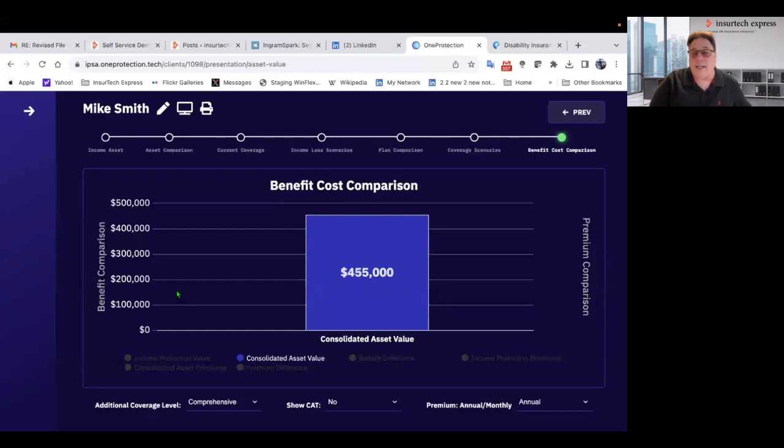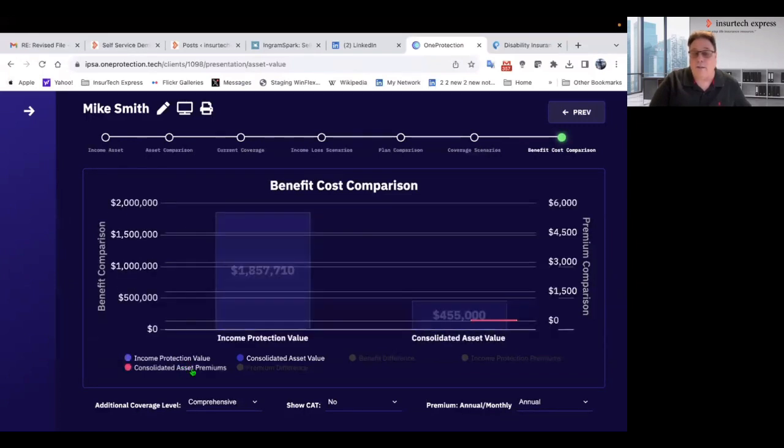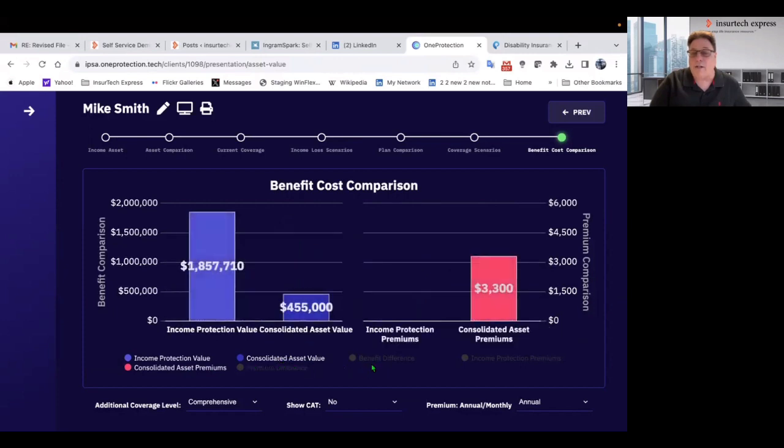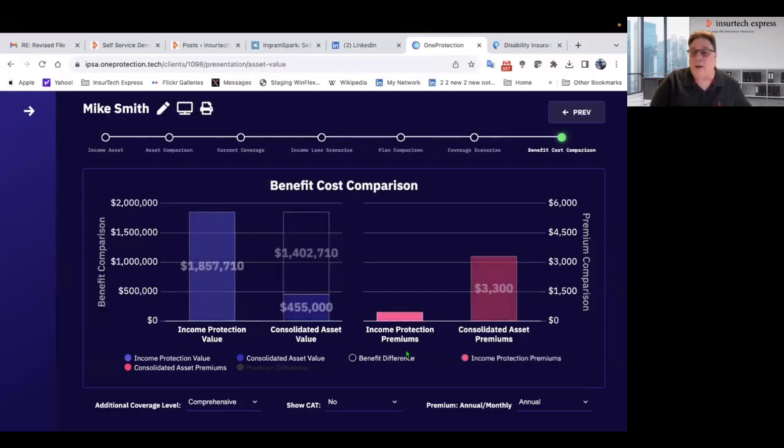Then this last screen will show you the values of your assets and what it costs to insure your car and your house, as well as what it costs to insure your income. Imagine you have a house and a car, total value of $455,000. Look at the premium of insurance you're paying to protect that. Why wouldn't you pay the $75 a month to protect $1 million of income? It's a no-brainer.